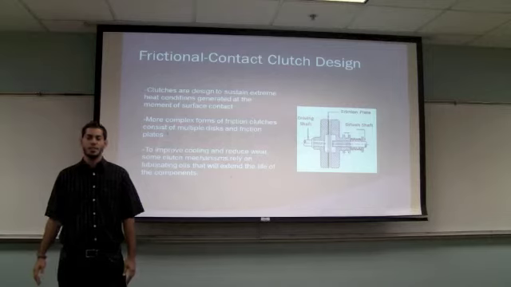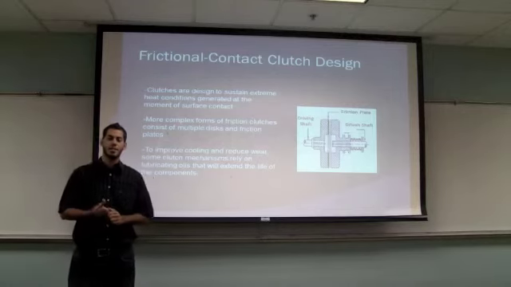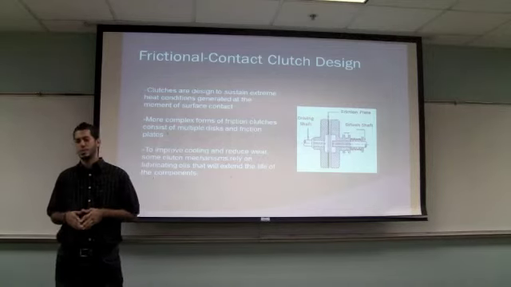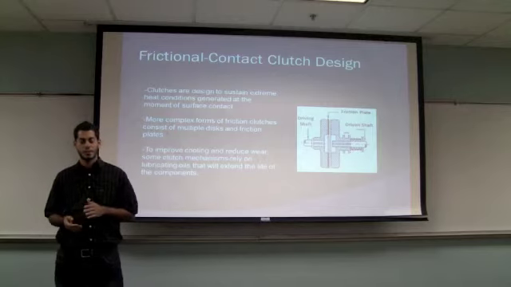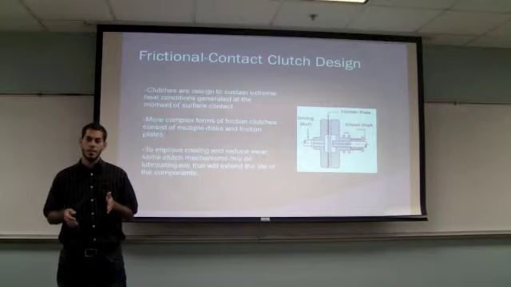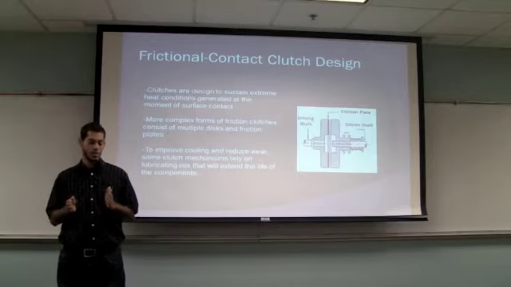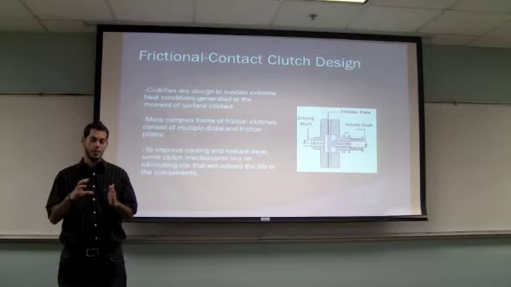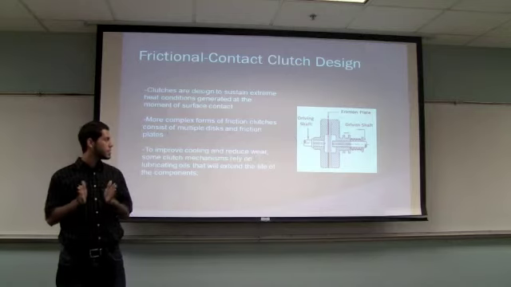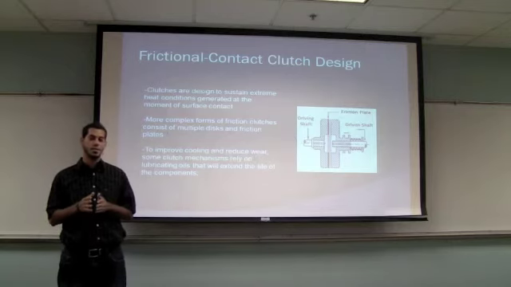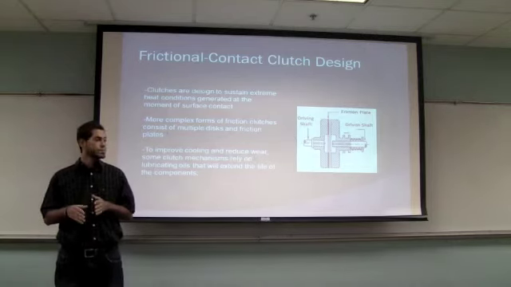Now, frictional contact clutch design, or actual clutches. These types of clutches are composed of a driven shaft, a disc plate, and a frictional plate. Basically, when the disc plate hits the frictional plates, the friction pads, when in contact with the actual disc, will produce friction.